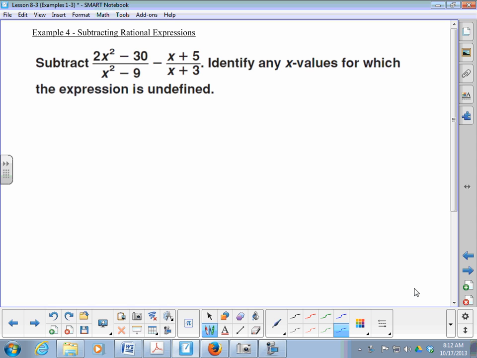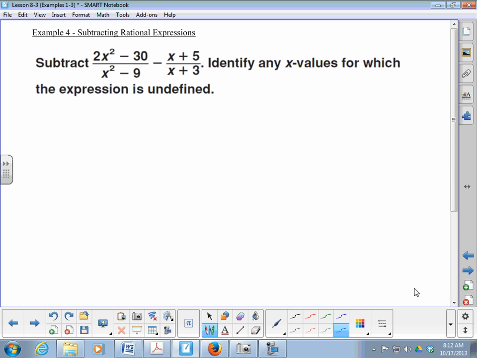I'm not going to do any shortcuts, because when you start doing shortcuts with the subtracting, sometimes you make some very major mistakes, okay? They start out minor, but it turns into a major mistake.